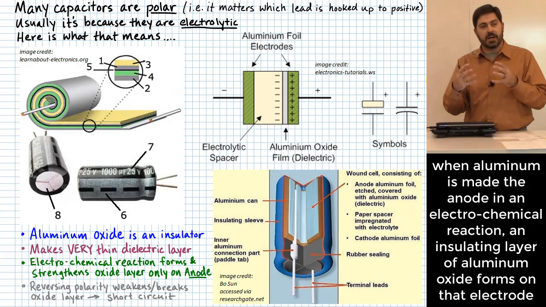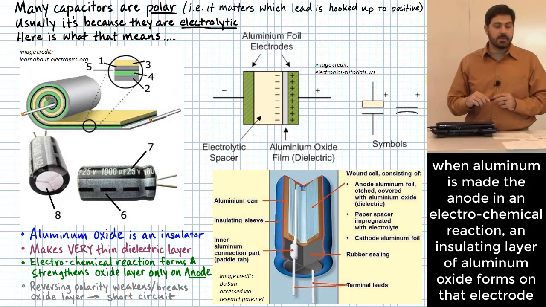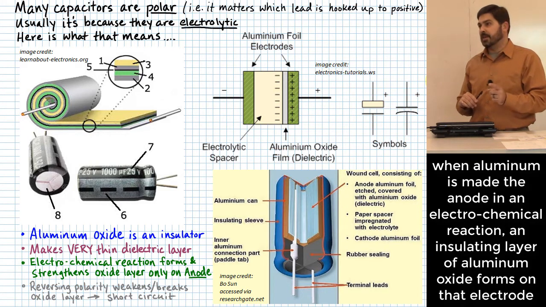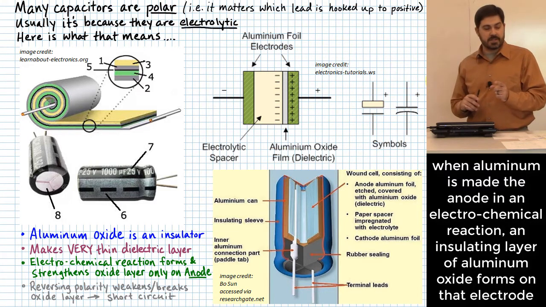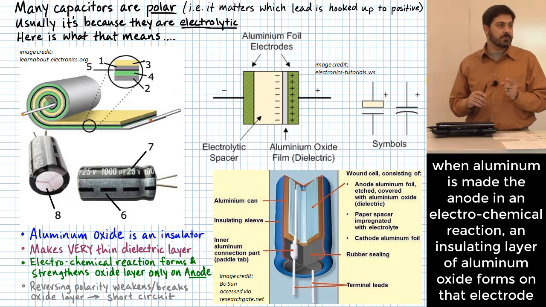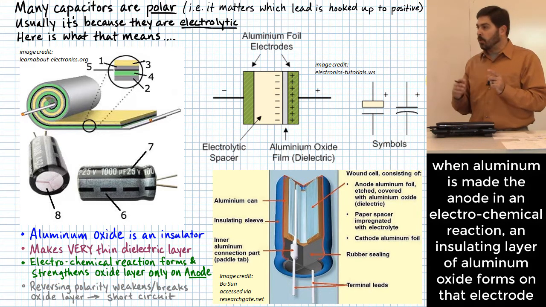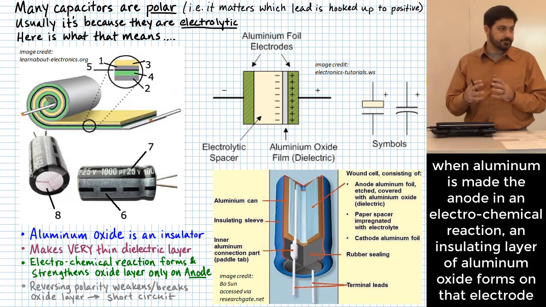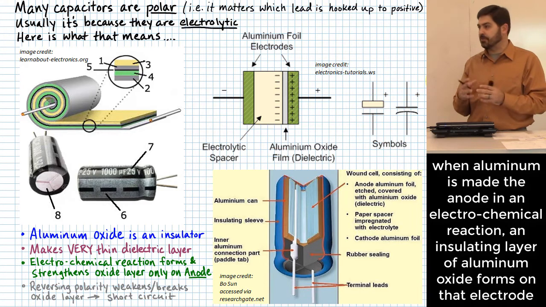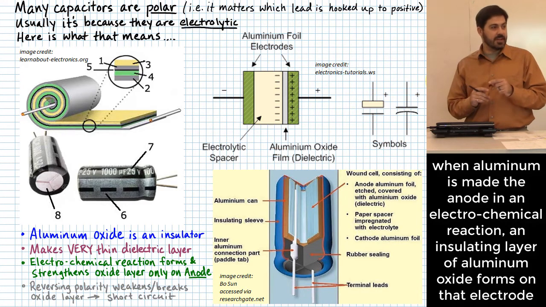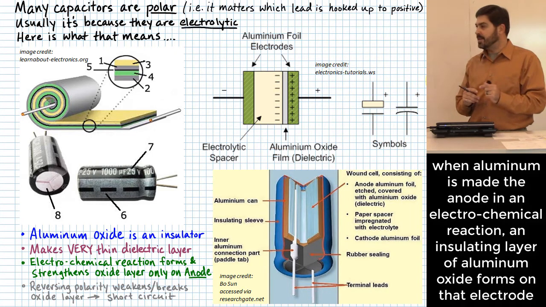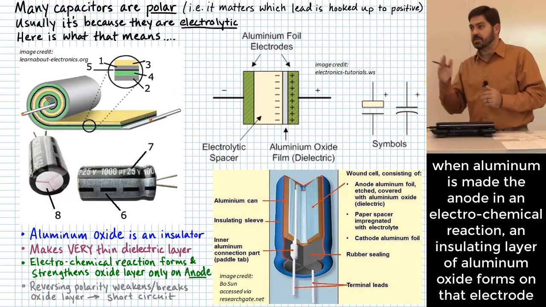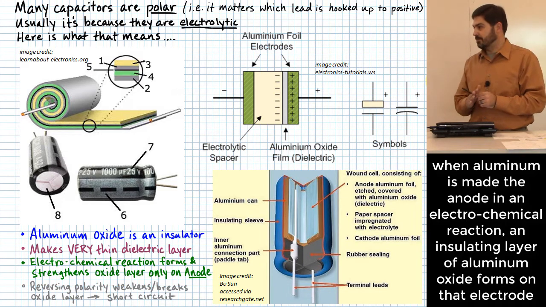There's a property of aluminum in particular, that if you take aluminum and do a process called anodization, what that does is it forms a very strong and impermeable oxide layer on the surface of the aluminum. And what's interesting is that the oxide layer that forms when you anodize aluminum is an insulator. Aluminum oxide insulates, whereas the aluminum itself is a conductor.